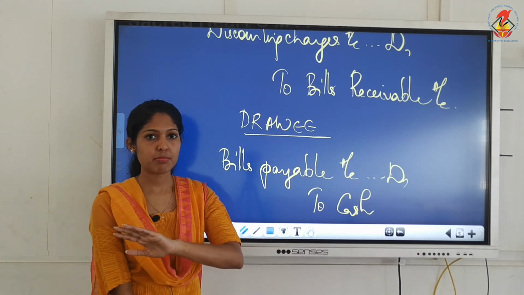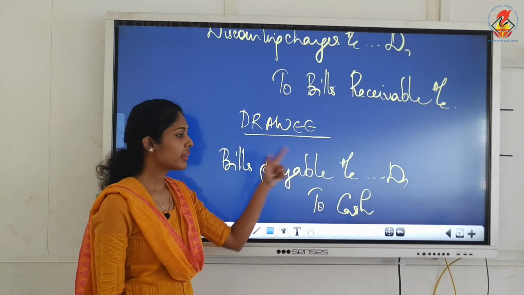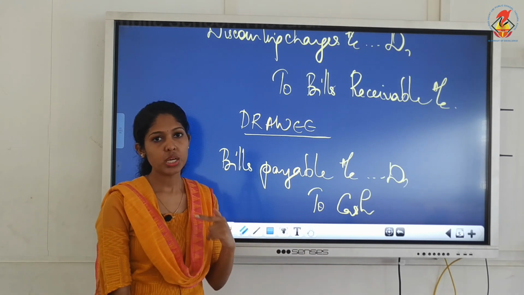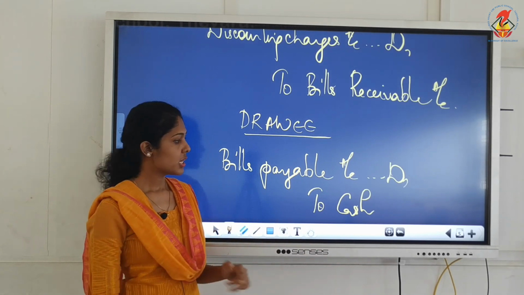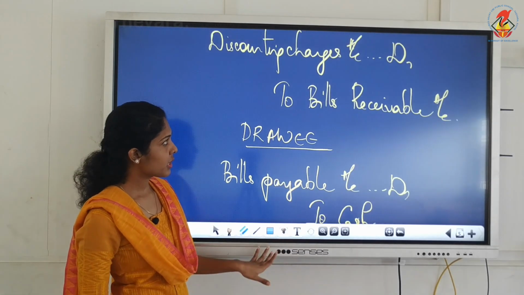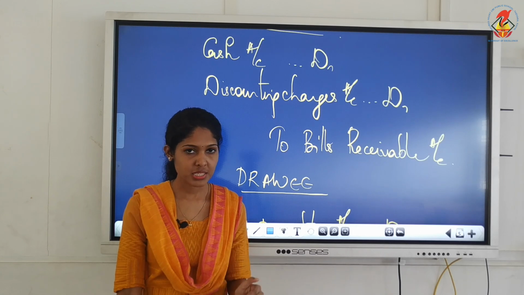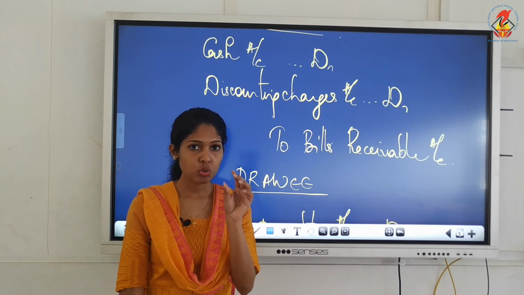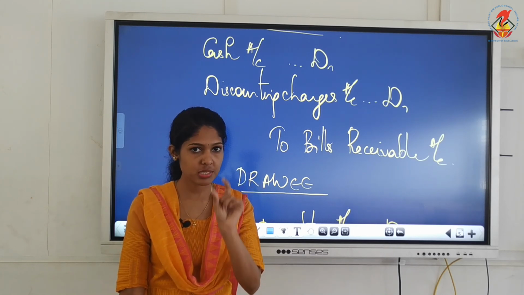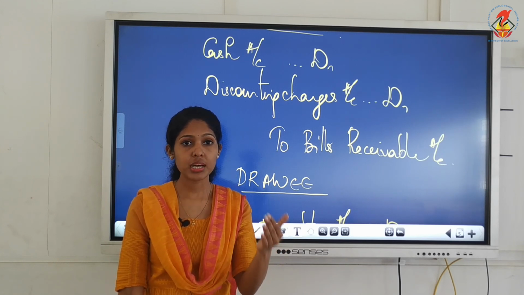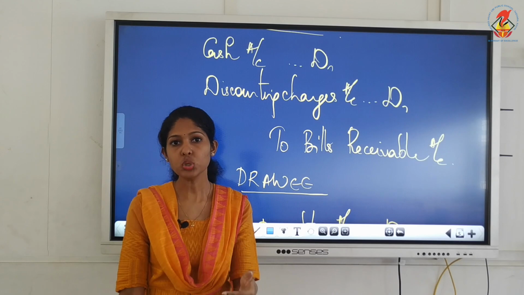He'll just make the payment on the date of maturity and the entry is same like your previous case, bills payable debtor to cash or bank. Okay. So these are the entries to be written in the books of drawer and drawee when a bill is discounted with the bank. And you have to remember that discounting charges calculation, consider the time period, I mean the remaining months only you will have to consider.